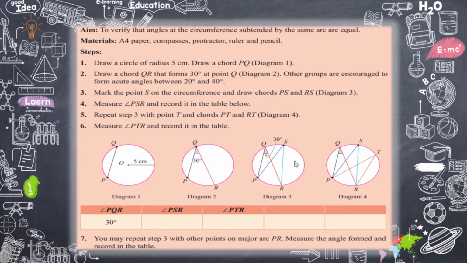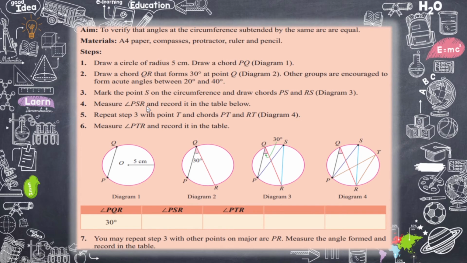You might mark any place of the circumference, because on this activity we just to verify the angles at the circumference subtended by the same arc, whether it's equal or not. So then that's not necessary to follow the diagram. You can just mark it any point, right? So after you mark and draw the chord, you move to step 4.